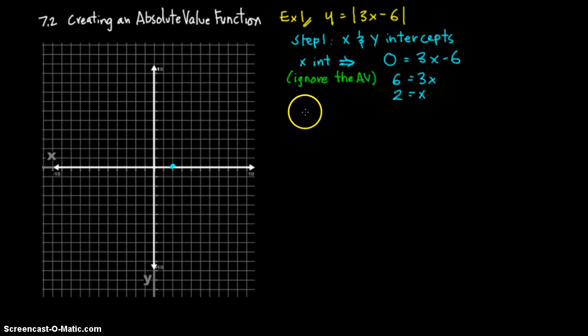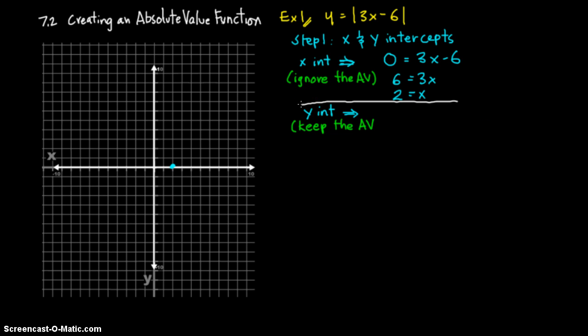Now what about my y-intercept? My x is 0. Now here's the thing though. In this case, let's make the note here, I keep the absolute value function when I'm doing this one. So it's a little different. I'll make a line here.